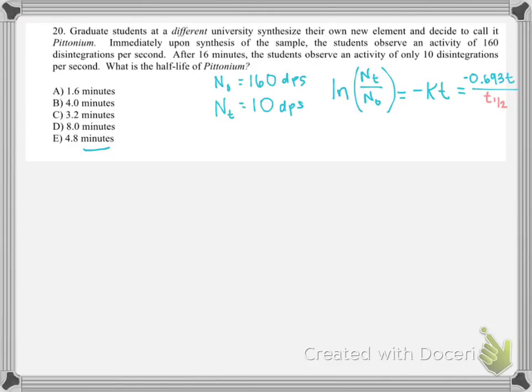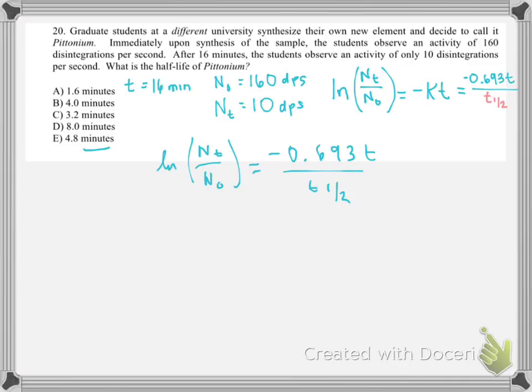And I'm just going to go straight to the ln of NT over N naught as being equal to the negative 0.693 t divided by t1/2 to solve for that. Okay. So plugging in here, our time is just going to be that 16 minutes. And we can leave it in minutes because our answer choices are in minutes.